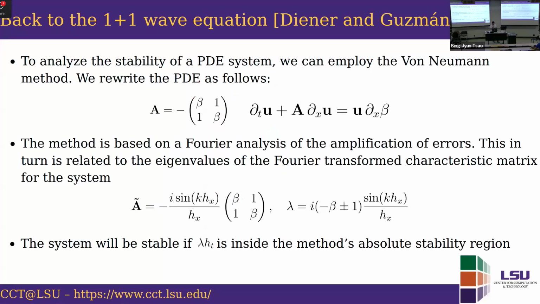And why does that happen? Well, that comes from the von Neumann stability analysis of your PDE, right? So if we rewrite our wave equation in a more compact form like this, where we get the characteristic matrix of our system more explicitly written out, we can do a Fourier analysis of the error amplification factors, and this gets us to a Fourier transformed eigenvalue characteristic matrix with the eigenvalues of that matrix being now related to the absolute stability region, right?